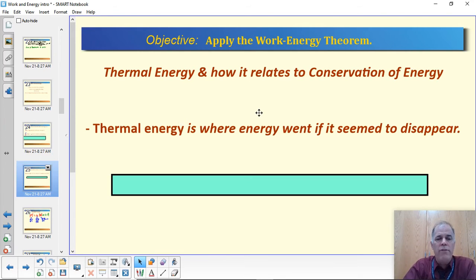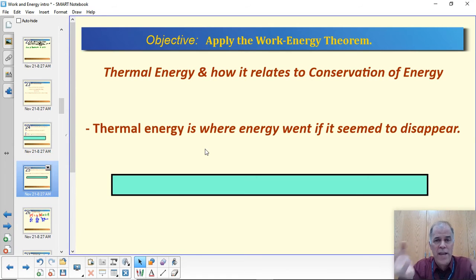Okay, so whenever you do a problem and it looks like energy just vanished, it went to thermal energy. They'll say, well, how much thermal energy is produced when a block slides down a ramp? Well, the block wasn't moving when it was up high, and it's not moving anymore when it gets to the bottom, so there's no kinetic energy.